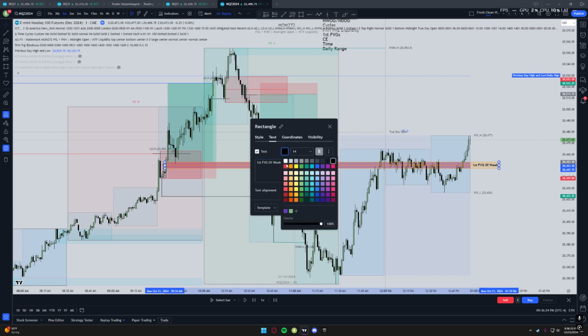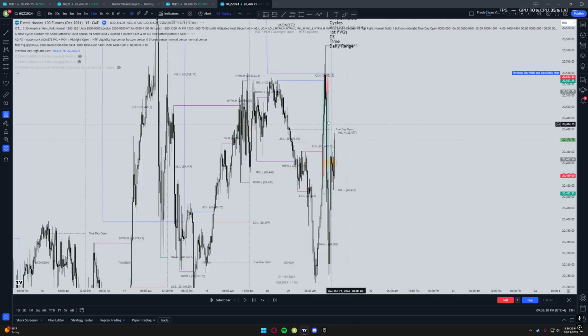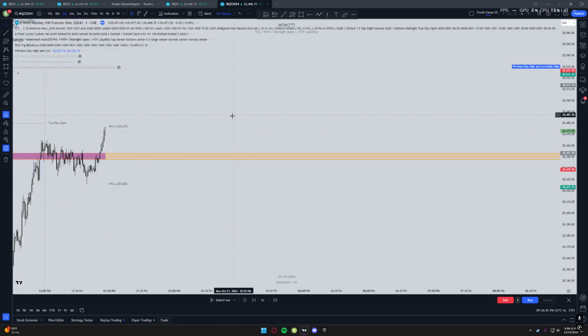I'm going to make that orange too. That's red, orange. So now we go to the 15-minute chart because we are going to draw this out until Friday afternoon, market close. And we will refer back to this in the coming days.